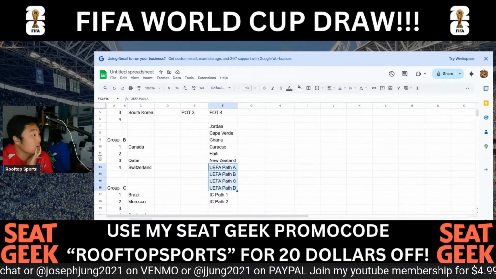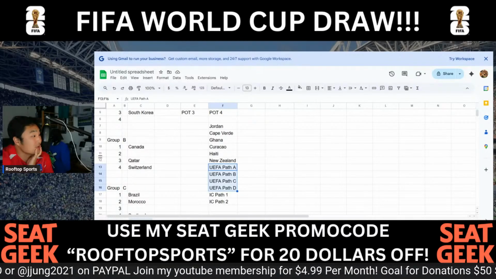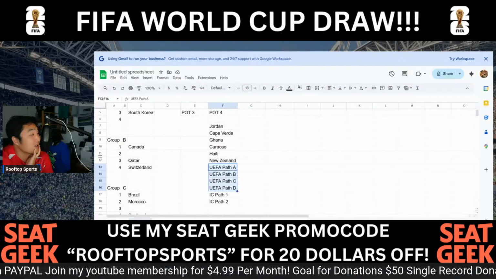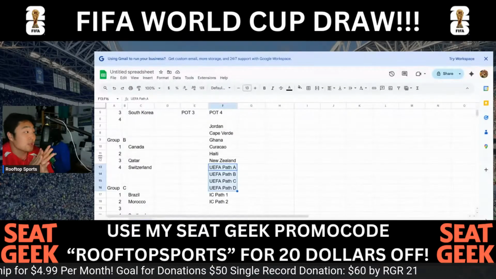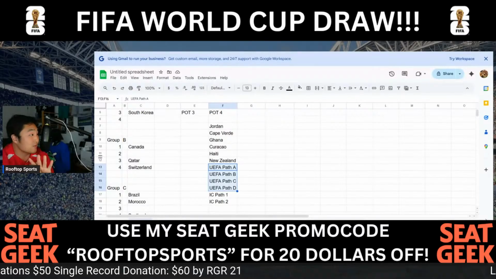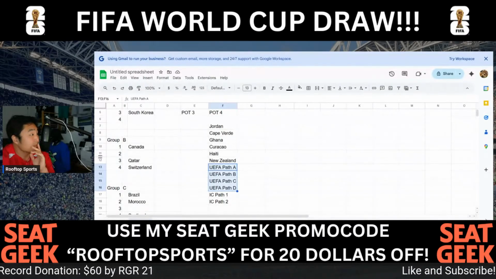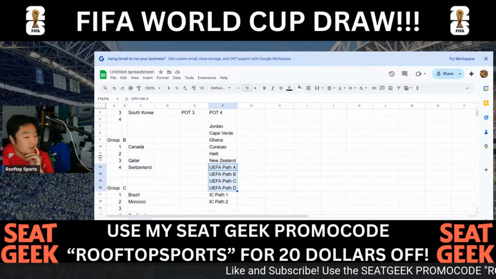I don't think you want... it's not really favorable odds. I think you want path B. You don't want path A because you don't want to go up against Italy. And yeah, I wouldn't want to go up against Italy. And don't forget there's path C and path D.